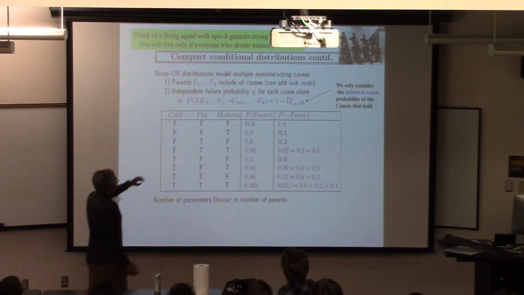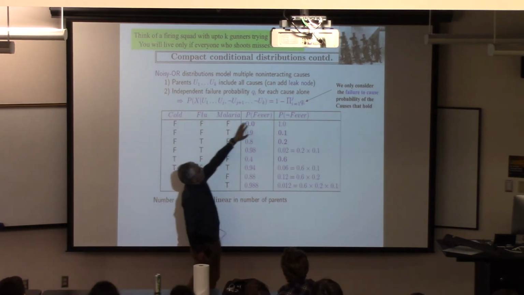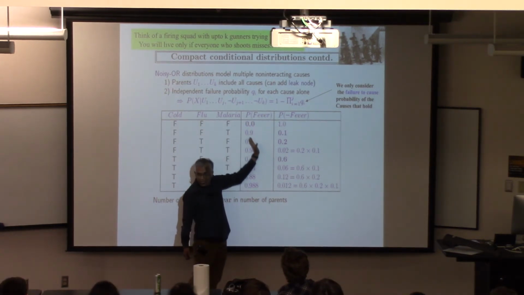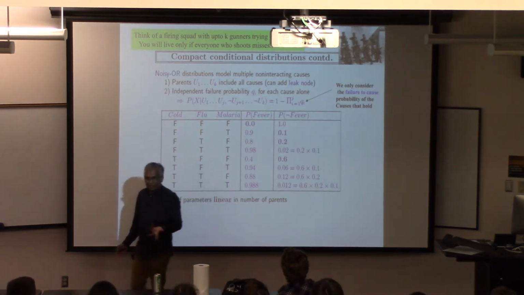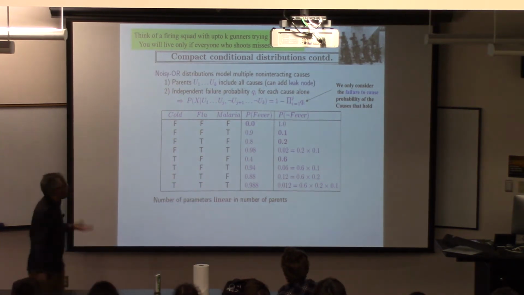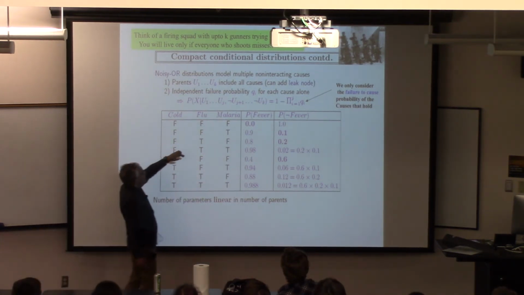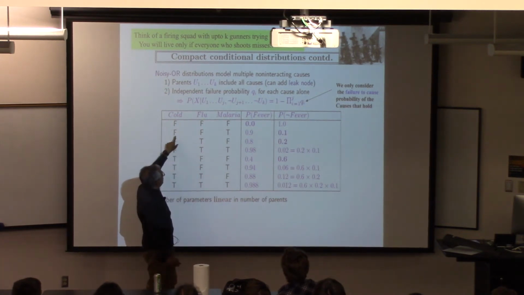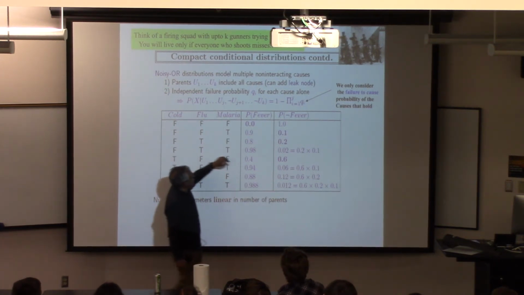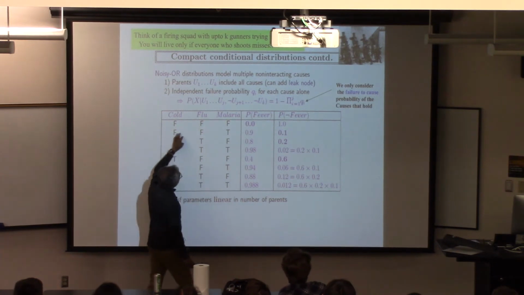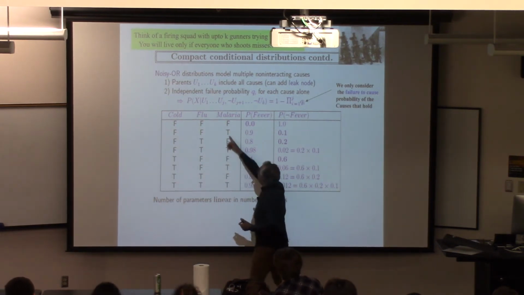Normally, if I have 3 variables and fever, for the conditional probability table for fever I would need 8 numbers. However, what I'm showing you here is I only need to give you the numbers for the rows where only one of them is true.